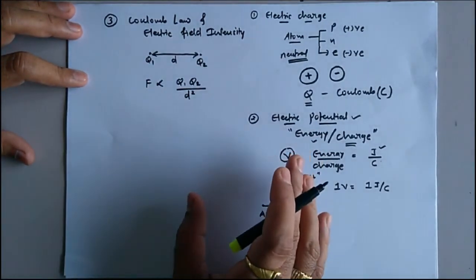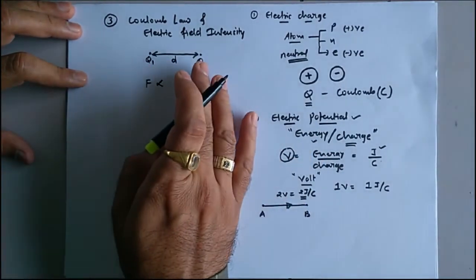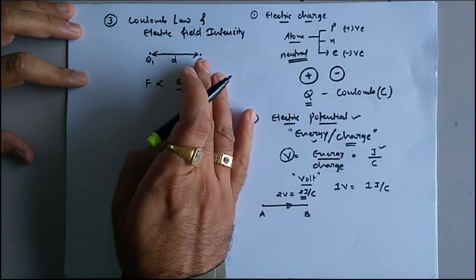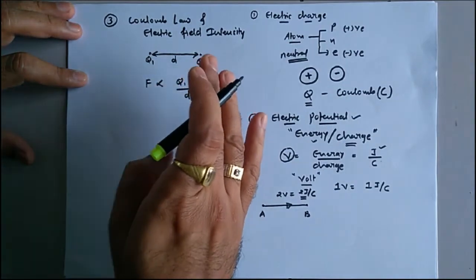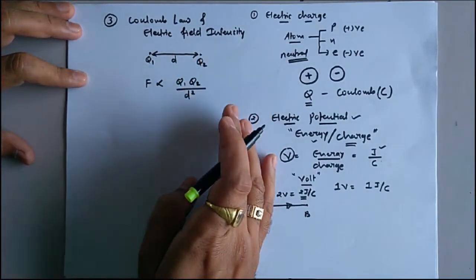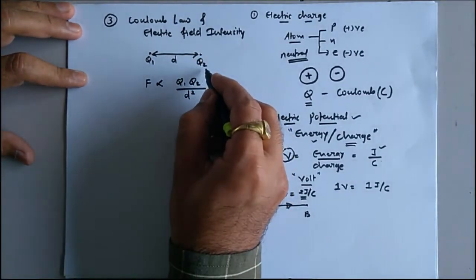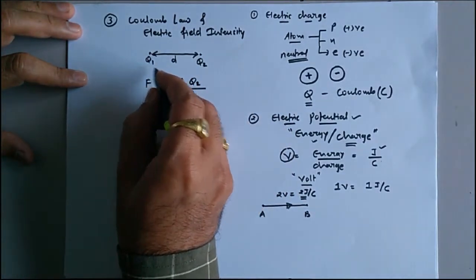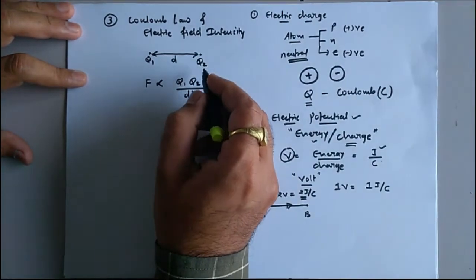And let us consider that for our discussion both the charges are of same polarity, that means both are positive. Then in that case both the charges will experience a force of repulsion. That means the charge Q2 will try to move away with respect to charge Q1, and charge Q1 will try to move away with respect to charge Q2.